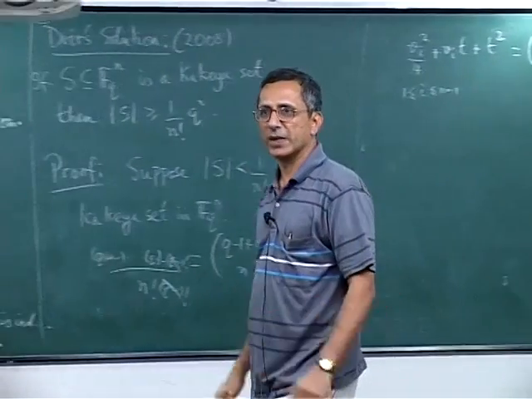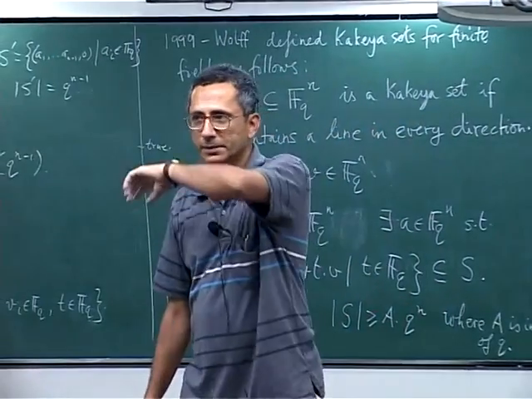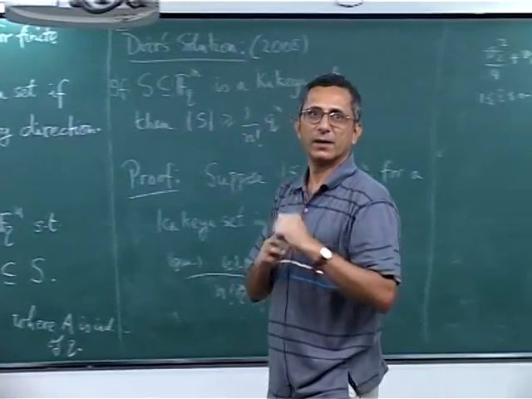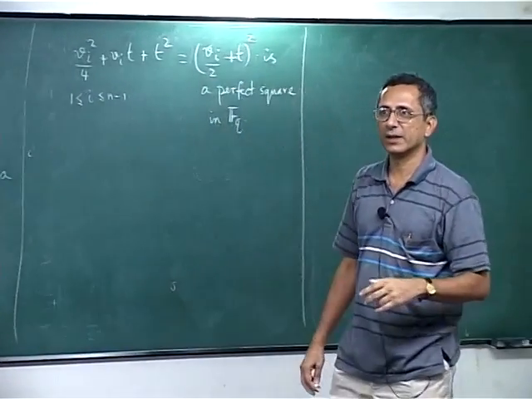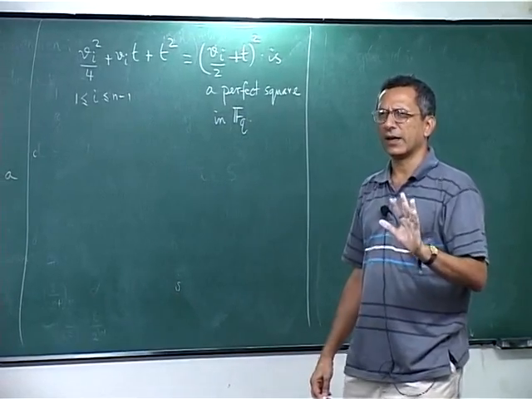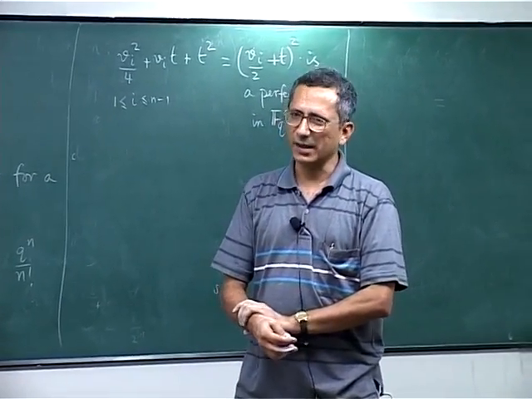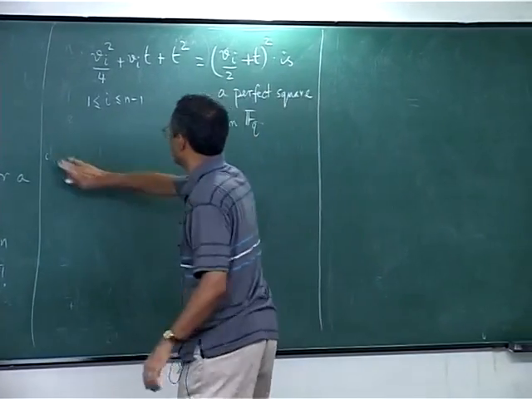How many perfect squares are there in F_q? How many elements in F_q are perfect squares? We will argue that only half of them can be perfect squares. If we can argue that, then we are done. Okay, we will need to argue that.